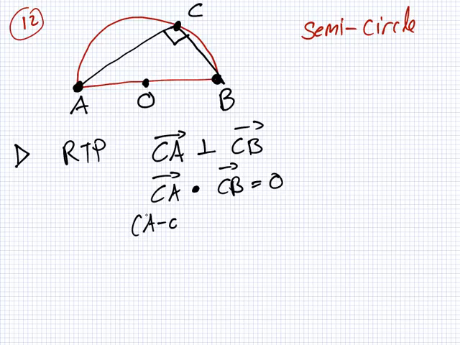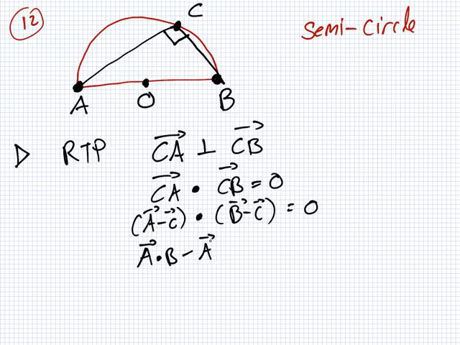A minus C dot B minus C equals 0. So if you expand this, you get A dot B minus A dot C minus C dot B plus C dot C equals 0.